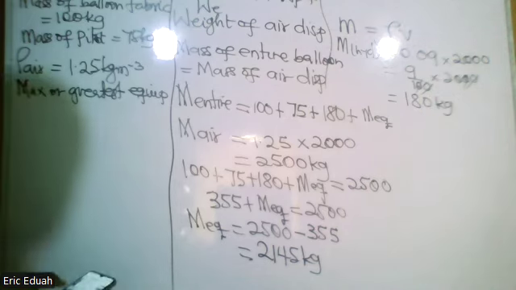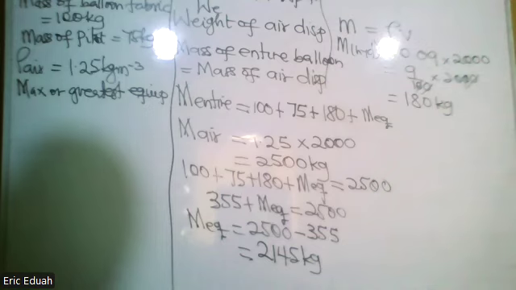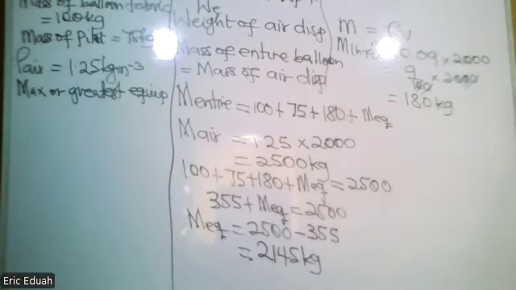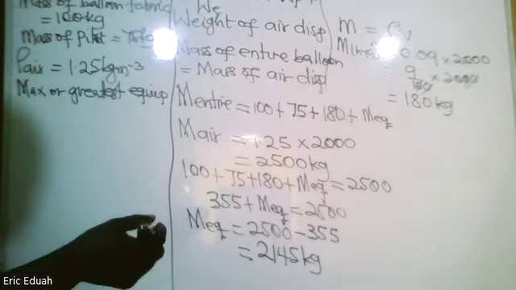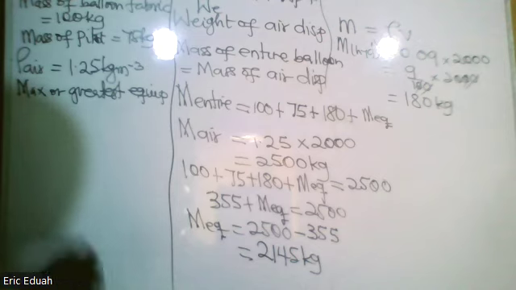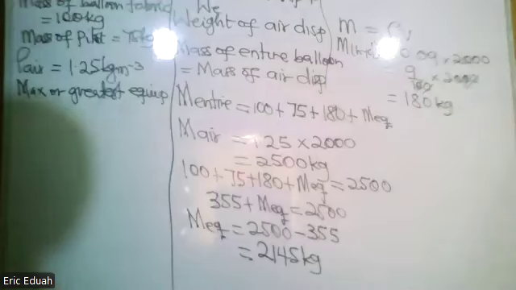All that will happen is that this time the density of the helium is twice the density of hydrogen. So the only difference is that the mass of the helium will be twice the mass of hydrogen.